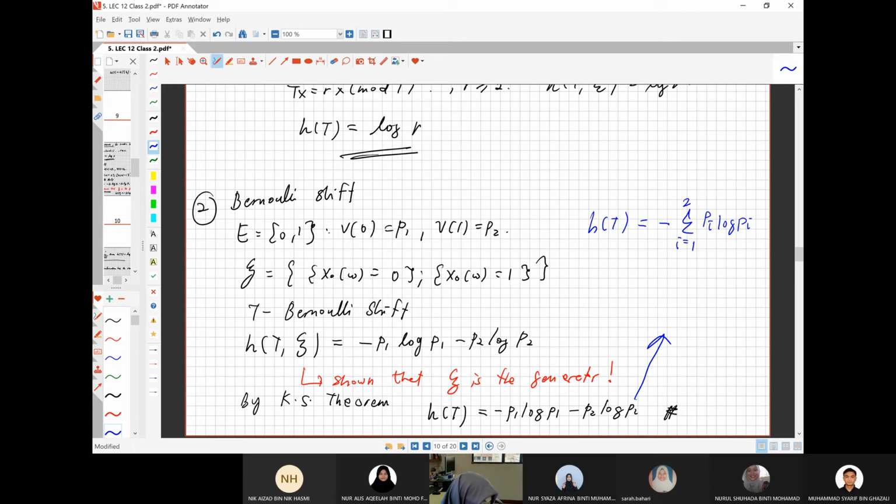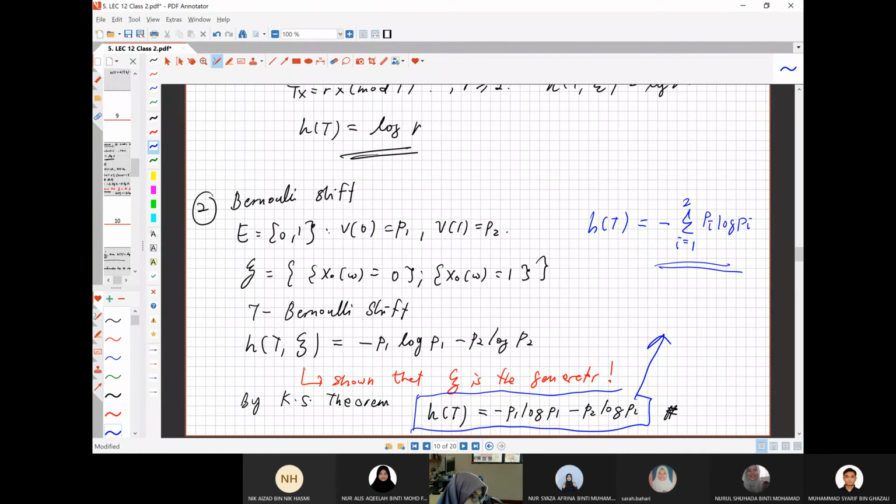So for i equals 1, you have P1 log P1. So until 2, that means until P2 log P2. So you got this. This one is the entropy for this lah.